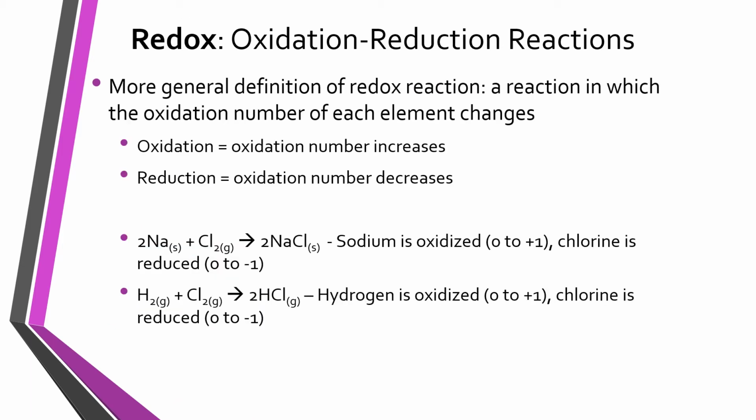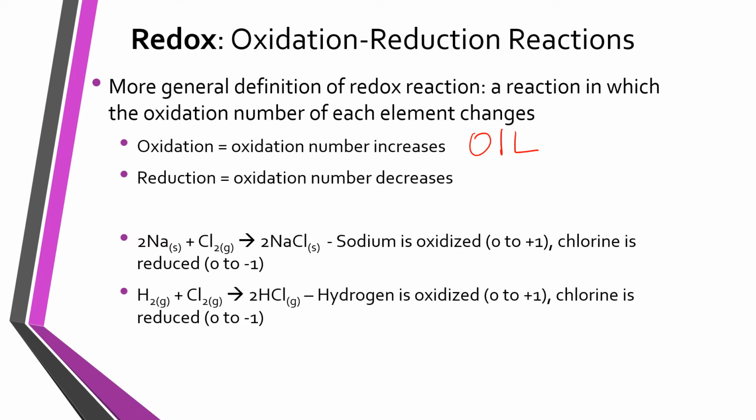So because we don't always have this full-on transfer of electrons the way we think about it in an ionic compound, a more general definition of a redox reaction is just a reaction in which the oxidation number of each element changes. So the oxidation number changing would mean it's either going to go up or down. If something's oxidized, as we said, oxidation is loss.